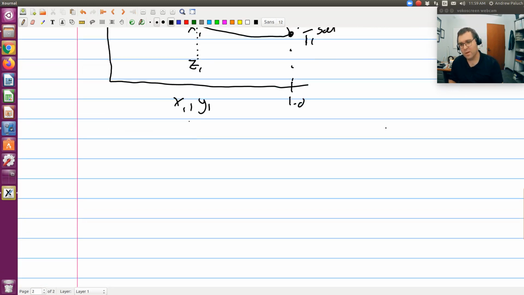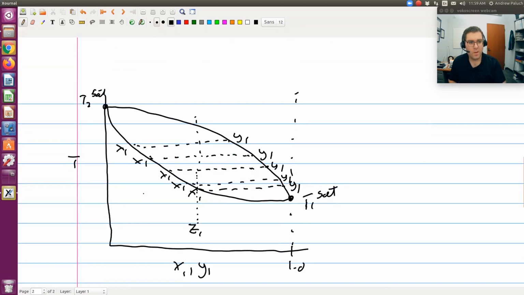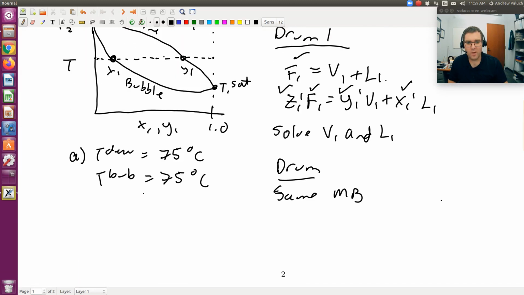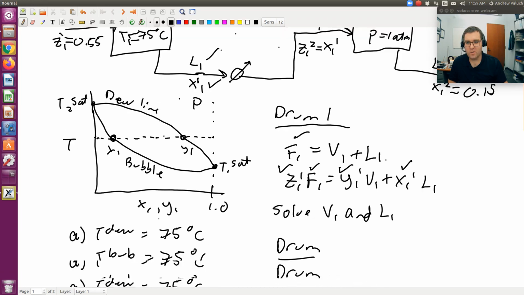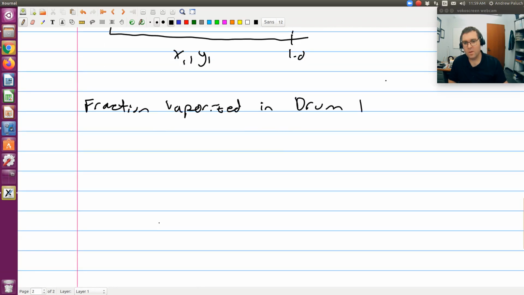But if I wanted the fraction vaporized in drum 1, well, looking at the first drum, what fraction of the initial feed is vaporized? It's just what's coming out vapor relative to what went in. Total fraction vaporized in drum 1 would just be V1 over F1.